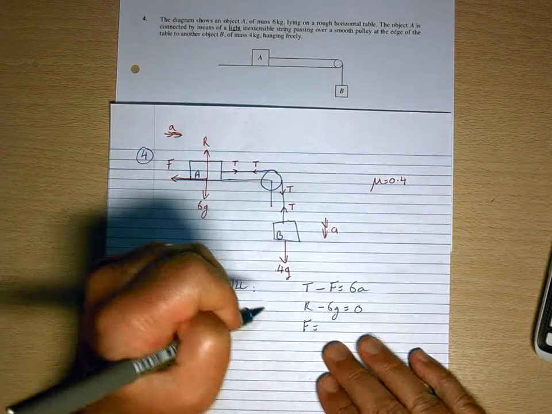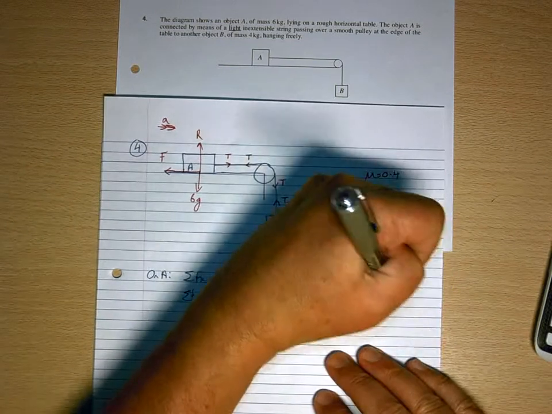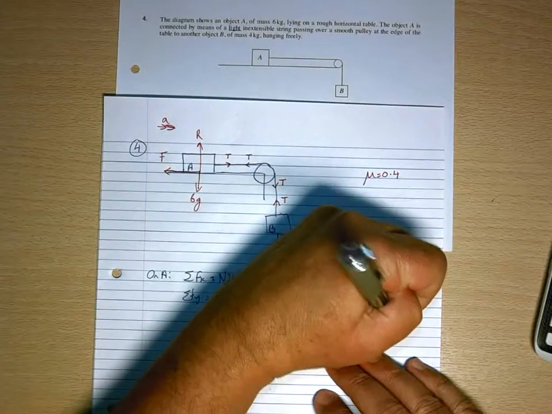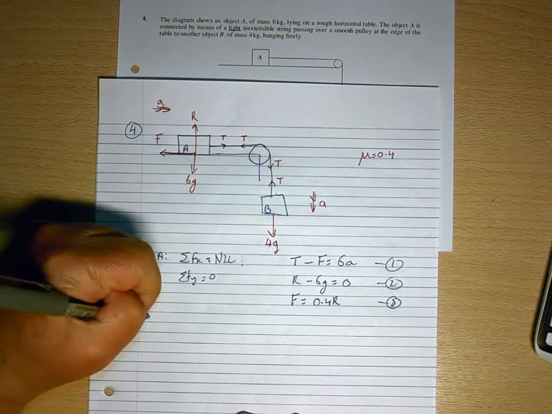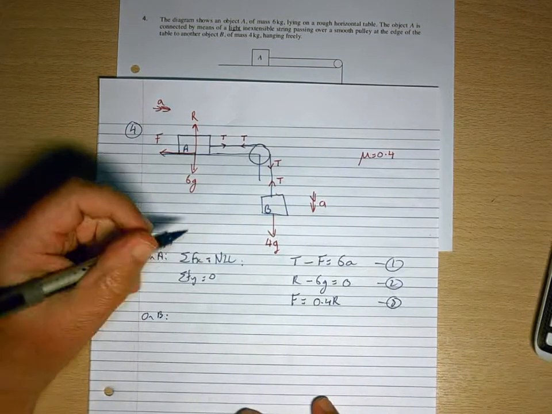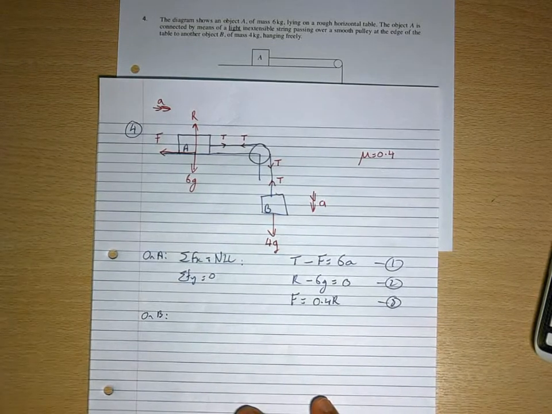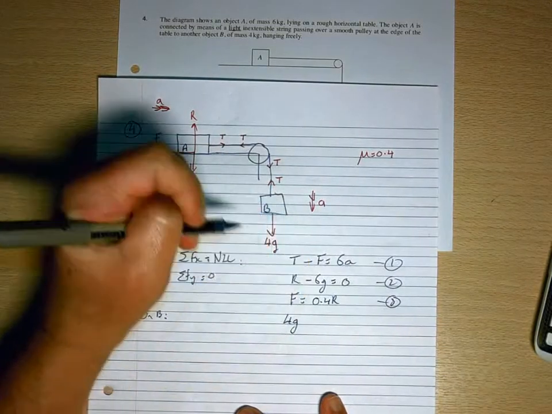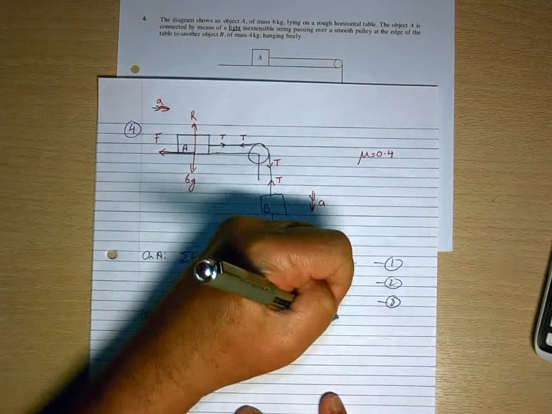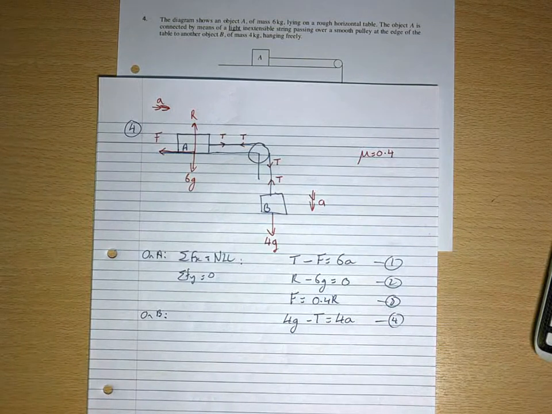And we also have F equals mu R, which is 0.4 R. Then on B, we've got Newton's second law acting in the y direction or moving down, so we will have 4G minus T equals 4A, and that's equation 4. And we want to work out A.